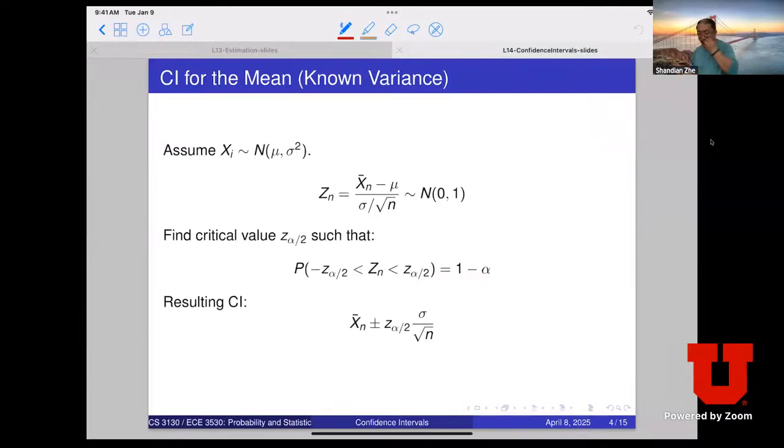So let us try to identify the confidence interval for a given distribution. Then we try to extend it to the case where you don't even know the form of the distribution. So suppose my random variables follow a Gaussian distribution.